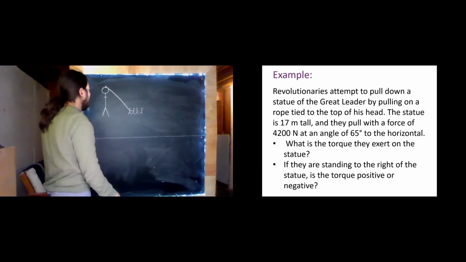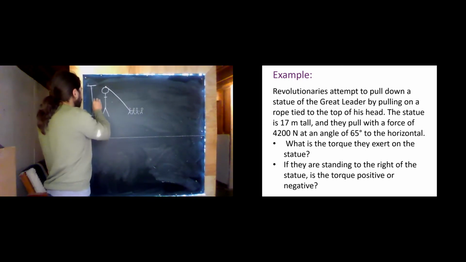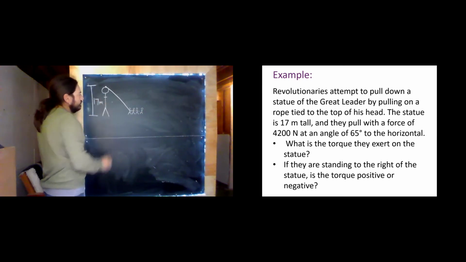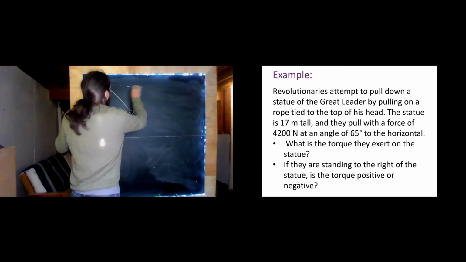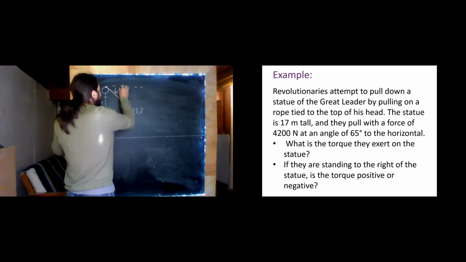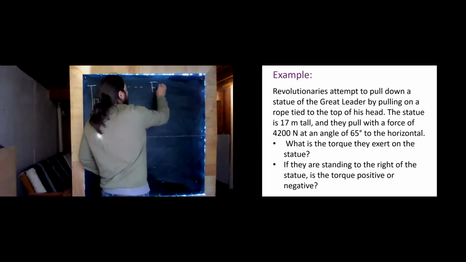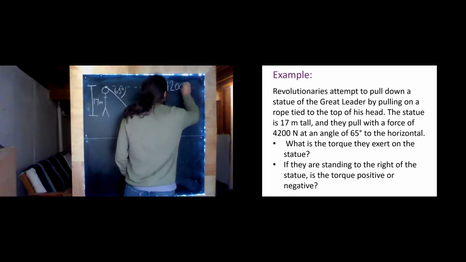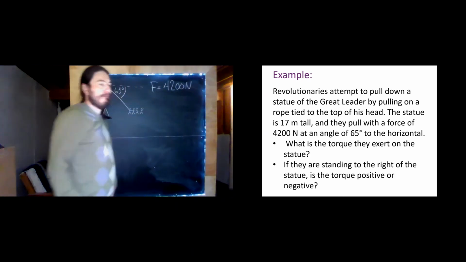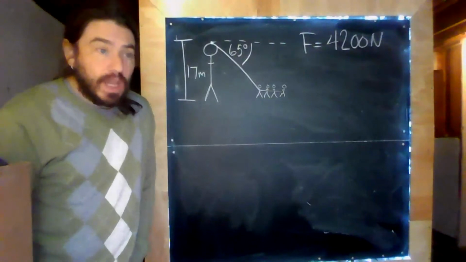They are pulling on it like that. They say it is 17 meters tall. And they are applying a force at an angle of 65 degrees. And F equals 4,200 newtons. Okay, so I think that's all of our information.